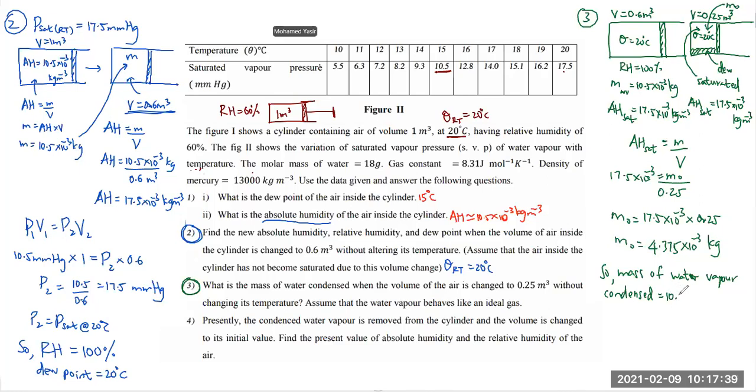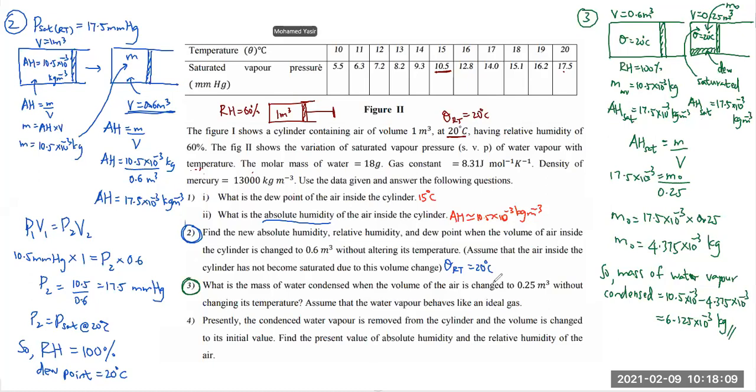We had that much water vapor, and you subtract the remaining water vapor from that, 4.375 into 10 to the power minus 3. So the final answer is 6.125 into 10 to the power minus 3 kilograms. That is the amount of water vapor condensed.